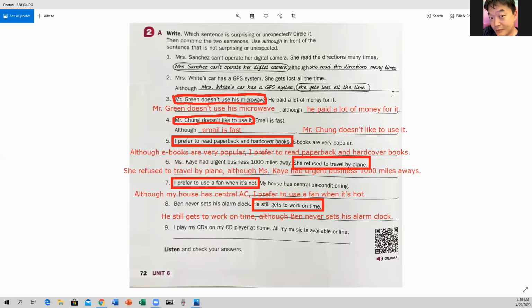So number 9, let's circle the unexpected fact. I play my CDs on my CD player at home. All my music is available online. The surprising thing is that he plays the CDs. Okay, and then let's do although introduces the certainty always. So although, what is the certainty?